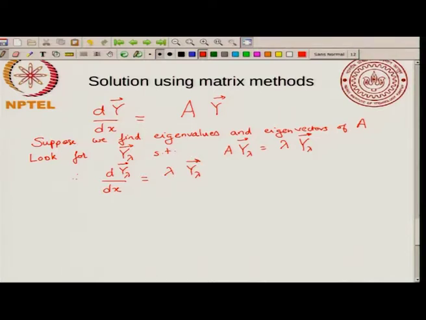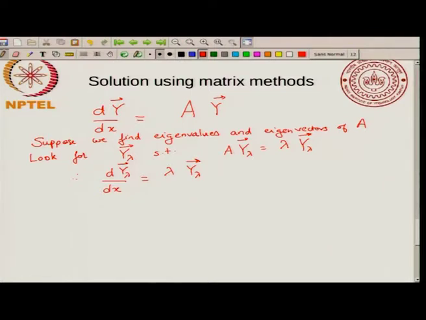So, why did I write this? Suppose y was not a vector, then you would say dy by dx equal to lambda y, a linear equation, and the solution is exponential. But now, with the eigenvalue lambda, for each of the components of y you have a linear equation. That means each of the components satisfies an exponential equation.